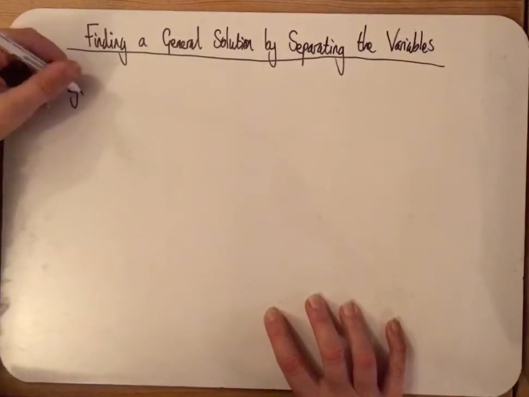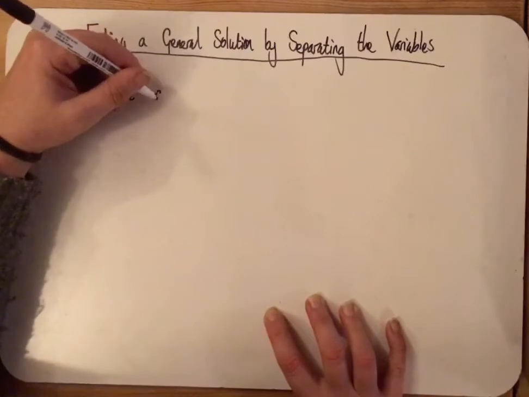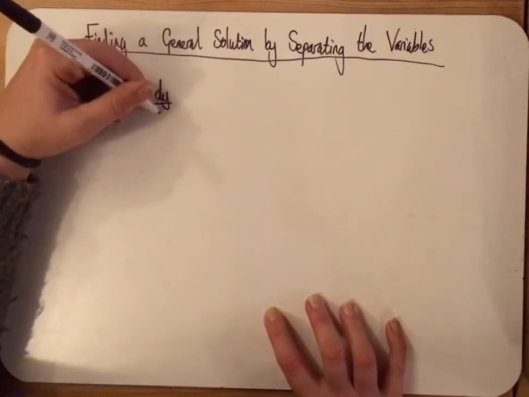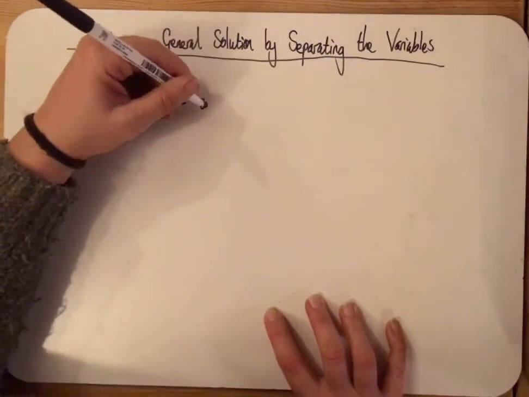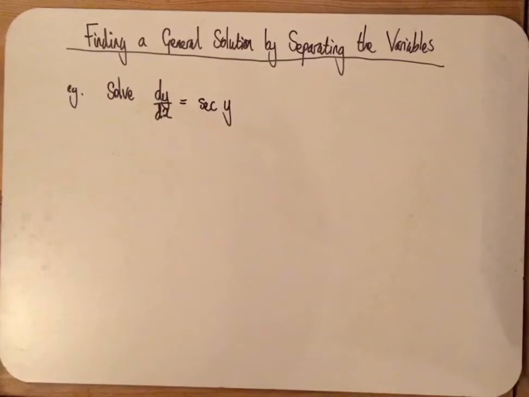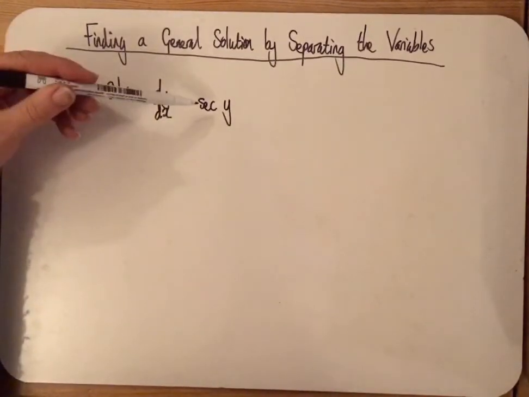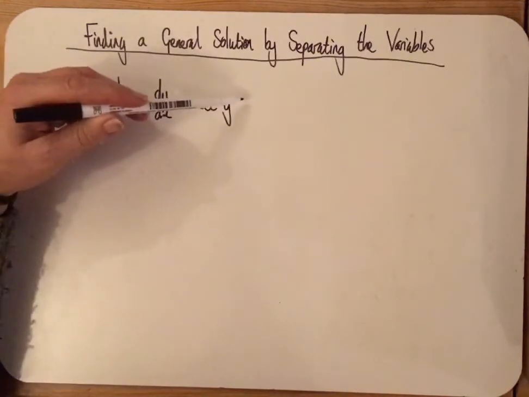So, for example, solve dy dx is equal to sec y. So sec y is 1 over cos y, but I can't integrate sec y with respect to x.